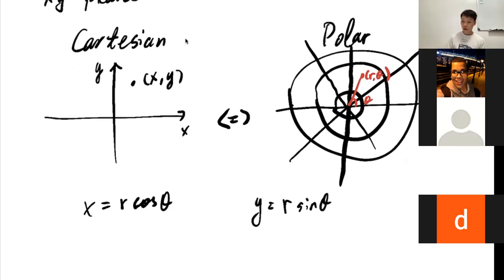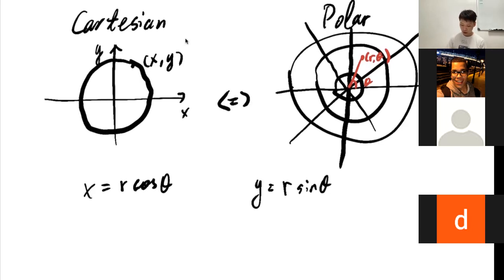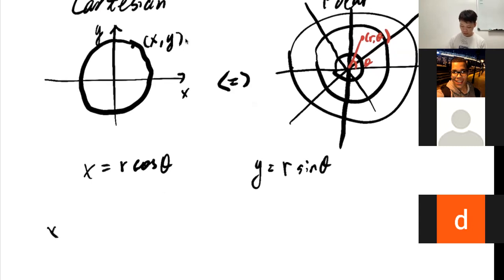What is the benefit of doing this? Let's say a function of a circle. In the Cartesian coordinate system, the equation for this circle is x squared plus y squared equals r squared, which is a little implicit.